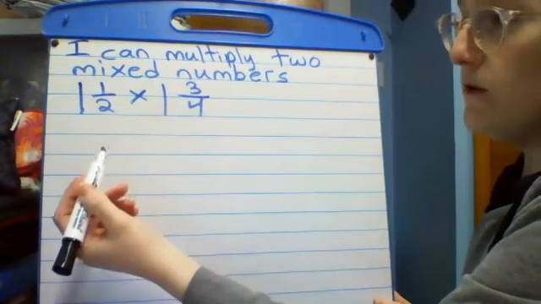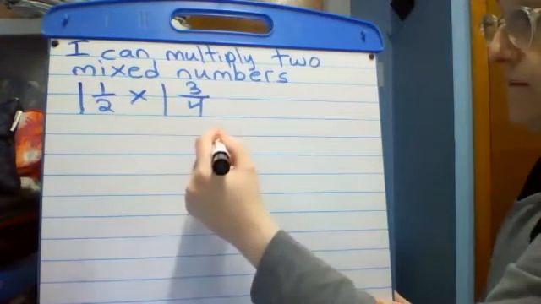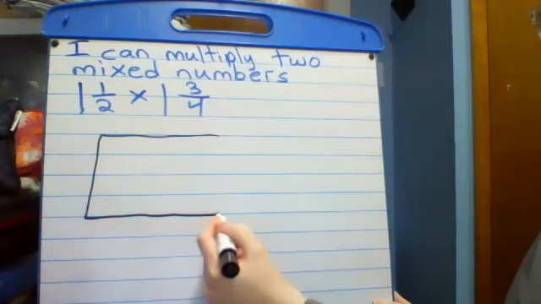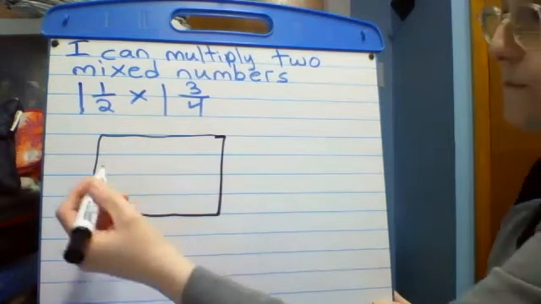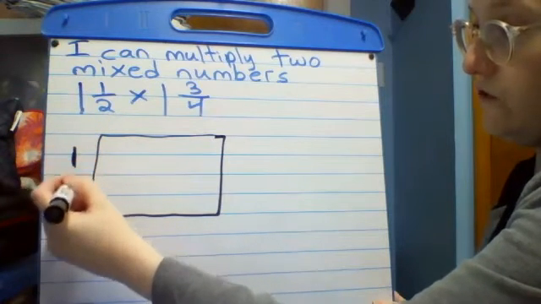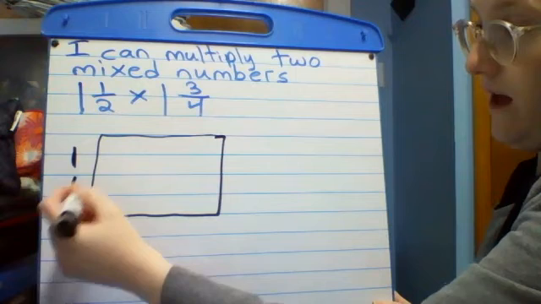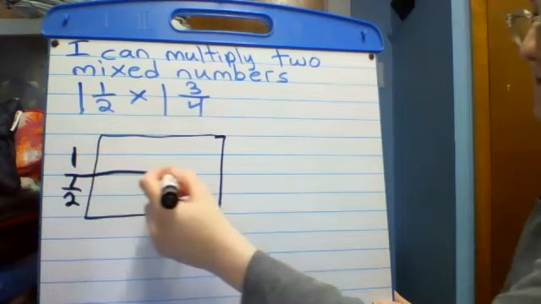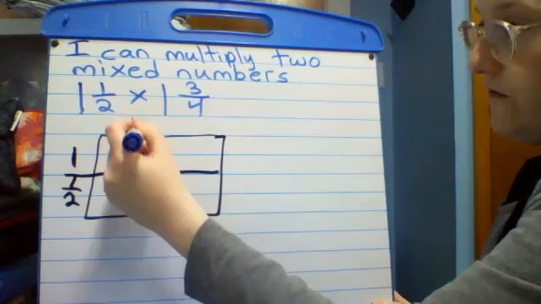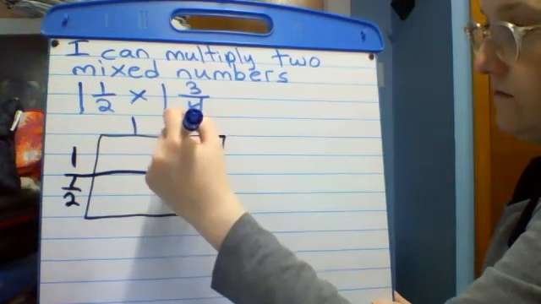So if we look at it from the distributive method way, it's easy to see that in an area model. You all remember this because we've done this before. I'm going to take my 1 1/2 and separate it into two parts, 1 and 1/2. Then I'm going to take my 1 3/4 and separate it also.